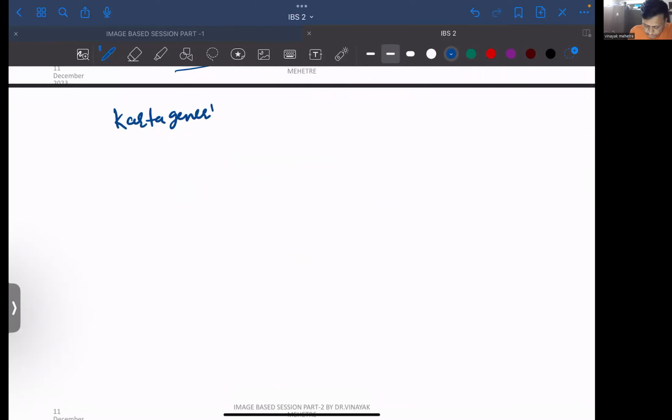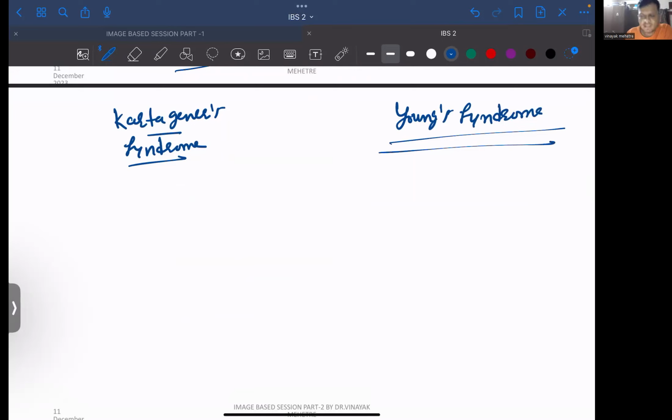Kartagener's syndrome and Young's syndrome. What happens in Kartagener syndrome? What is the classical triad? Yes, immobile cilia, right? What happens in this?